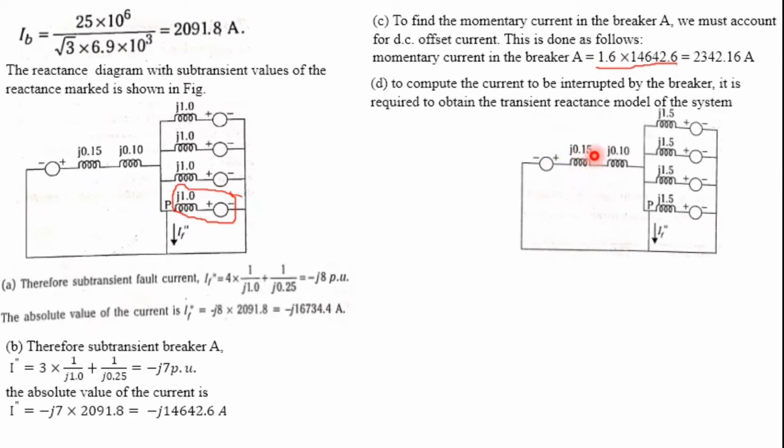We have already calculated that for the generator it is 0.15, for the transformer it is 1, and for the motors it is 1.5.